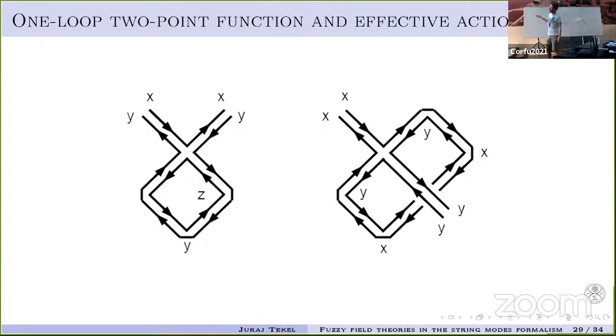However, in the non-planar diagram, when you follow the point along the loop, you end up with a local string mode xx connected with a non-local string mode at the end of this diagram located at yy.